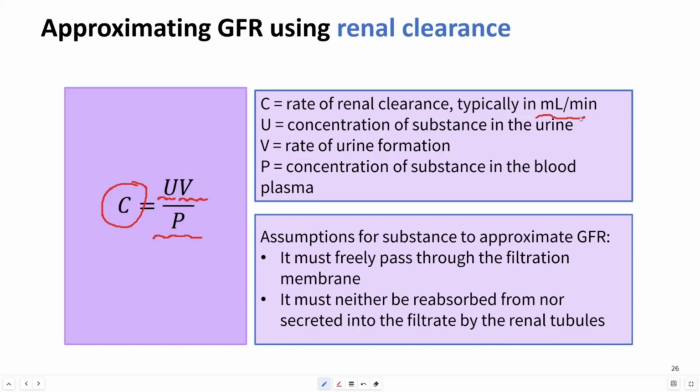So if a substance is neither reabsorbed nor secreted, then the renal plasma clearance would be equal to the GFR. However, if a substance is reabsorbed, it's going to have a renal plasma clearance lower than GFR. So you can say that if clearance is equal to the GFR, that means the substance is not reabsorbed or secreted.